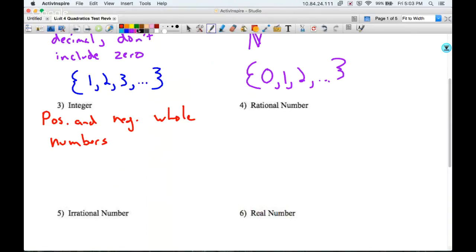So we need integers to be able to talk about negative numbers, to be able to talk about a number line that goes on in either direction. So they're like this, going all the way to negative infinity and positive infinity.